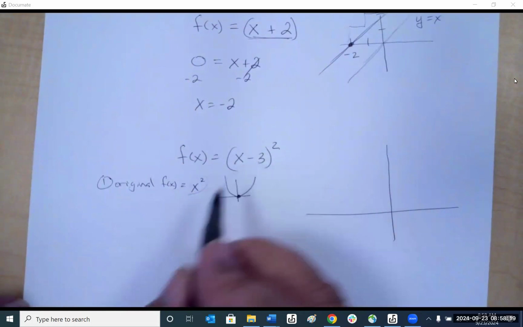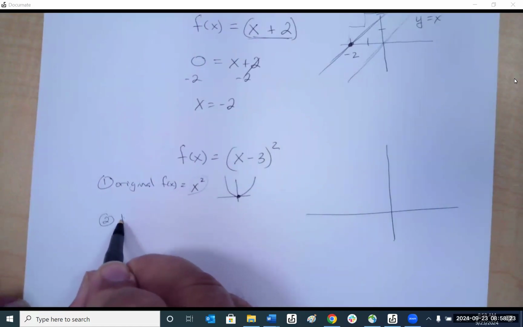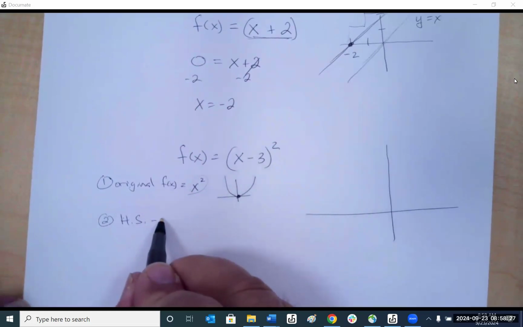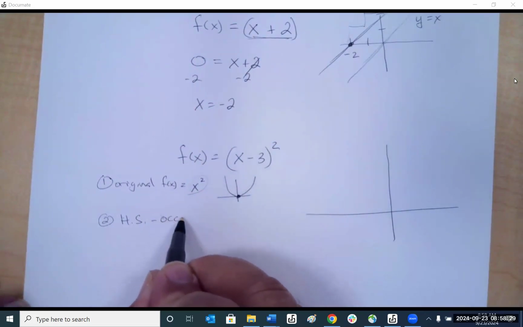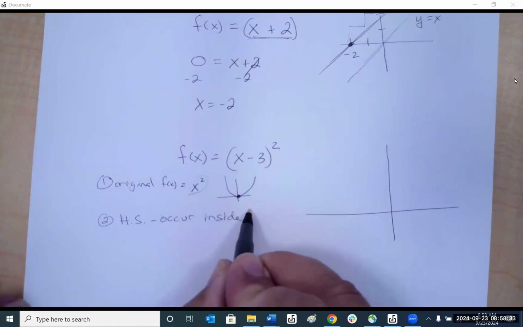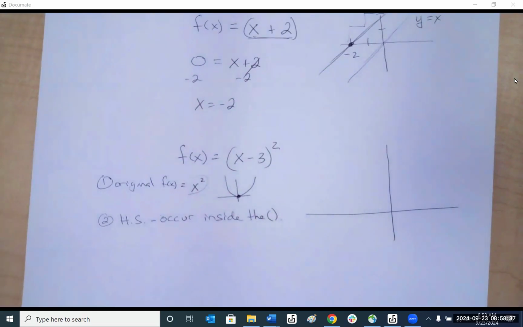But now I moved it. The horizontal shift. We know it's a horizontal shift. Horizontal shifts occur inside the parentheses.